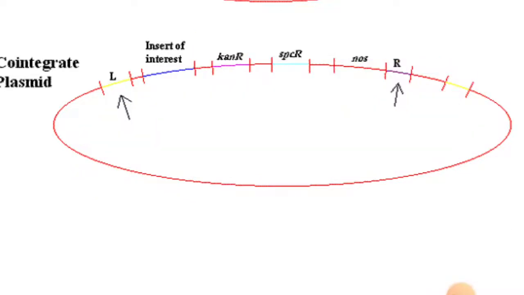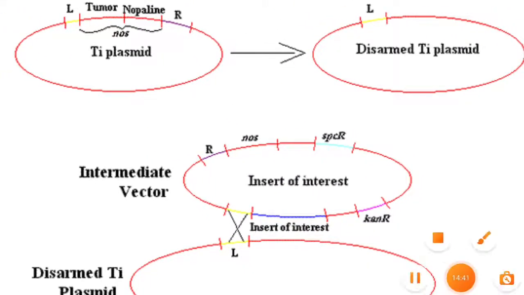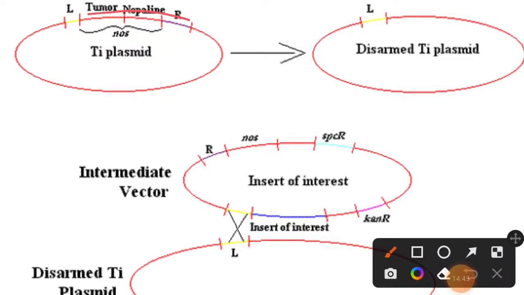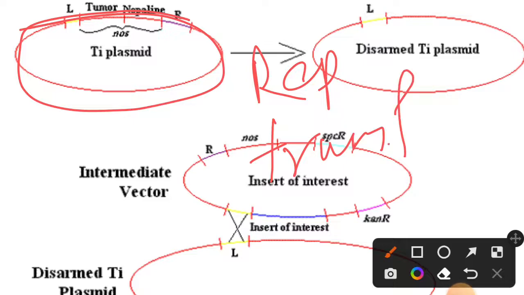Okay, so I will again repeat the entire transgenic plant formation once again. So here is the Ti plasmid, and the problem here is that the Ti plasmid is too large to manipulate, and we also cannot cut it into a smaller Ti plasmid because this plasmid contains various important sites that are important for its replication, for its transfer, and for its infection.